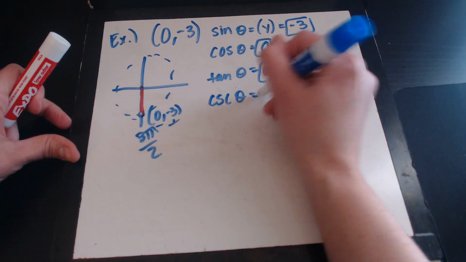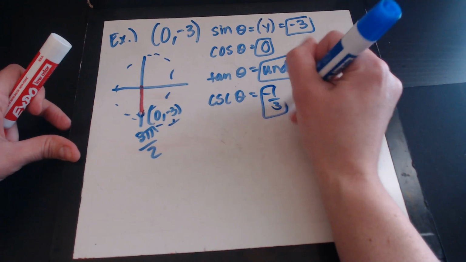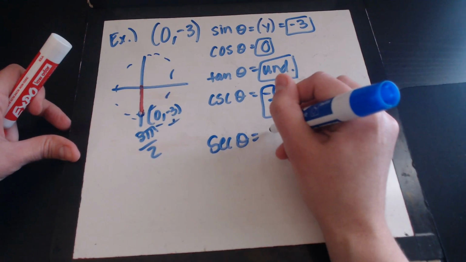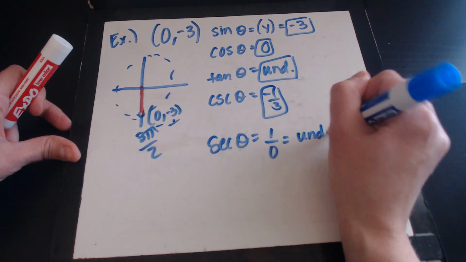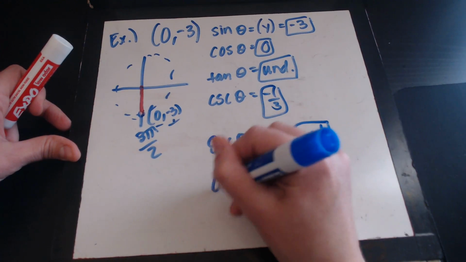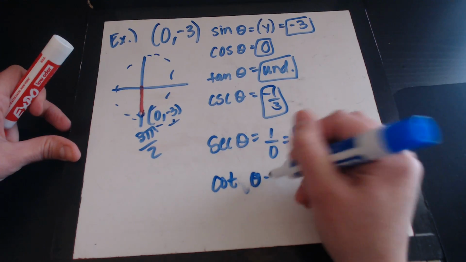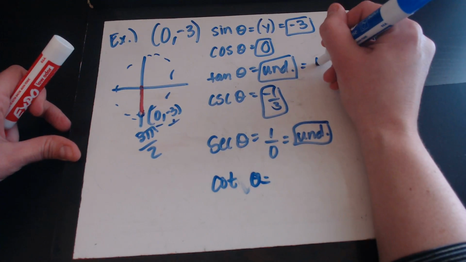Then I want my reciprocals. So the reciprocal of -3 is -1/3. And the reciprocal of 0 is 1/0, which is undefined. Okay. And the reciprocal of undefined is 0. Okay, so think about undefined means I'd have something like 1/0.